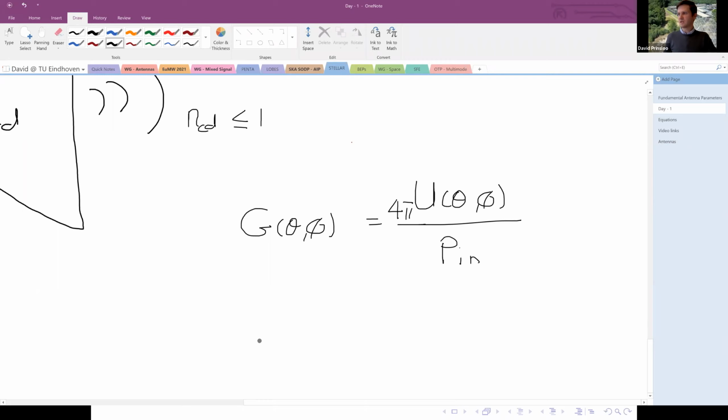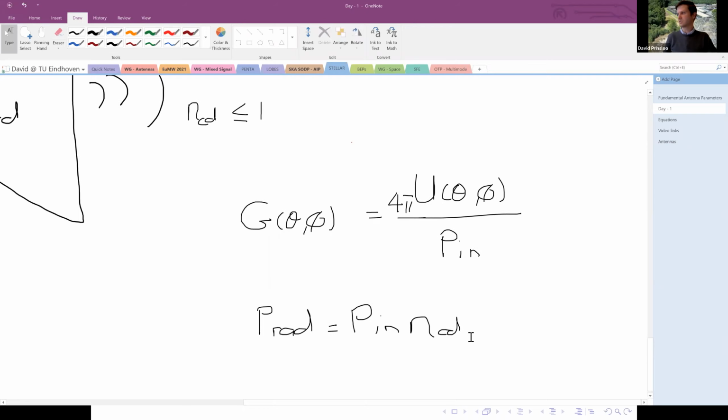But we just said that P rad is equal to P in multiplied by the conduction losses or the dielectric losses.